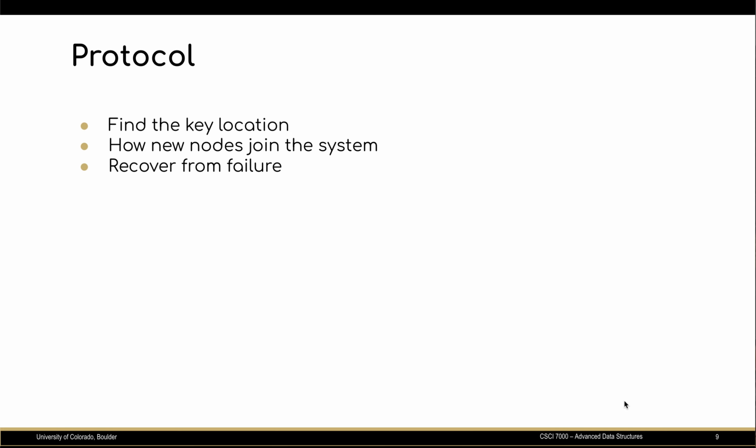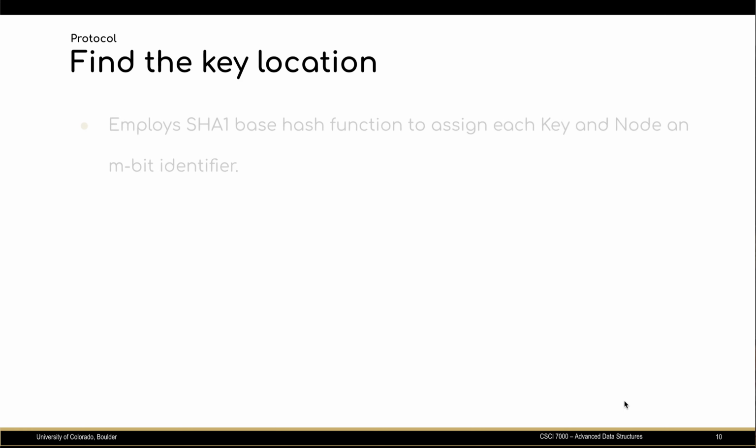So all the resolution has to first figure out where the key is located, and then the corresponding data retrieval could happen. How new nodes join the system, and how the system recovers from a failure.